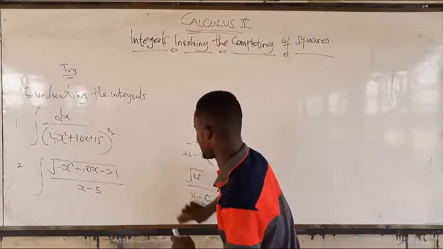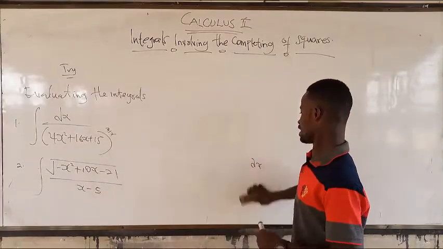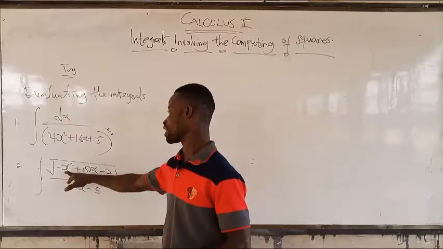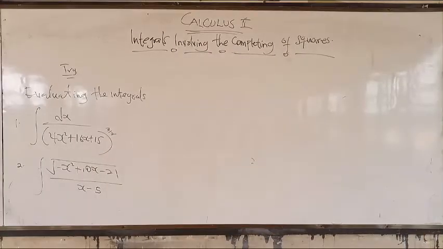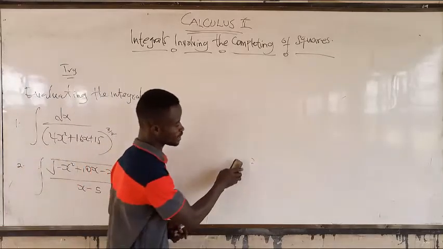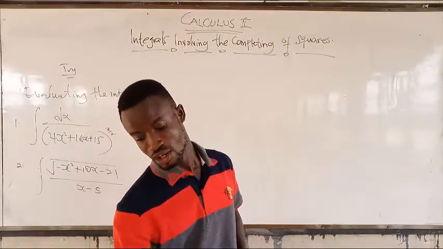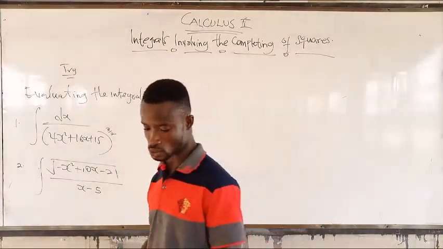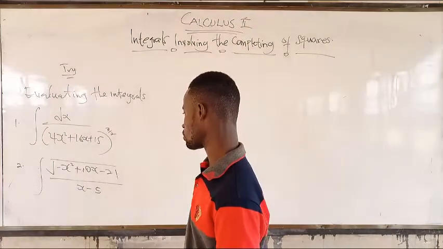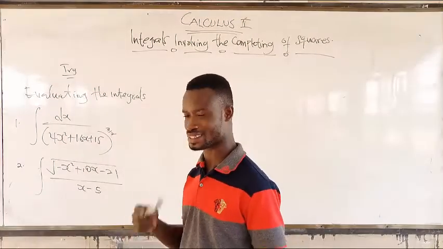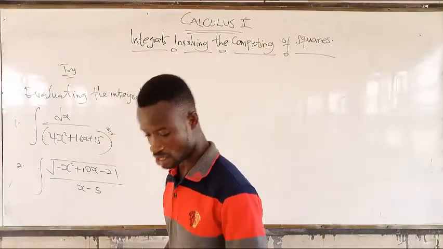It's only when you pick the inside and complete the squares. And right after completing the squares, then you start by doing your substitution. And the good news is that from completing the squares, you're going to get something inside which will resemble this.